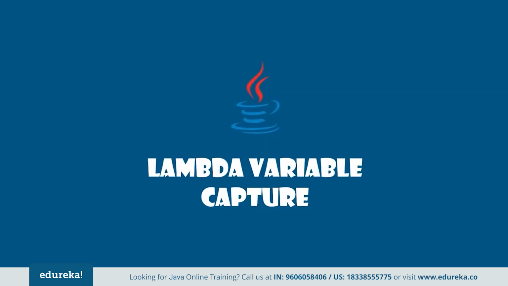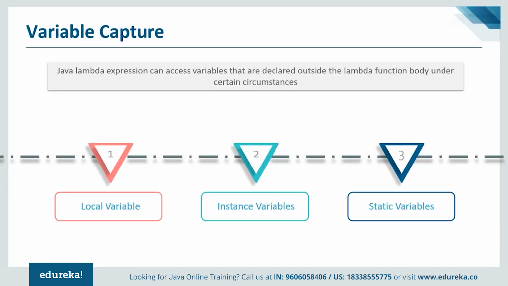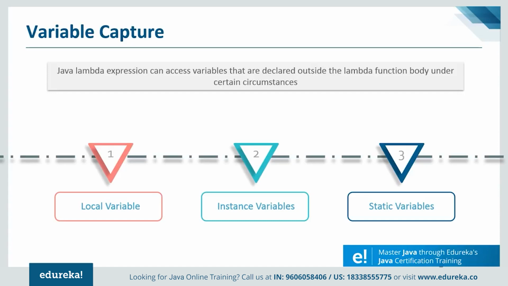Now, the different variables in your lambda expressions, how they can be captured. That is the other part which we have to look into, guys. Coming here, there can be a local variable, there can be an instance variable, there can be static variables. A Java lambda expression can access variables that are declared outside the lambda function body under certain circumstances.